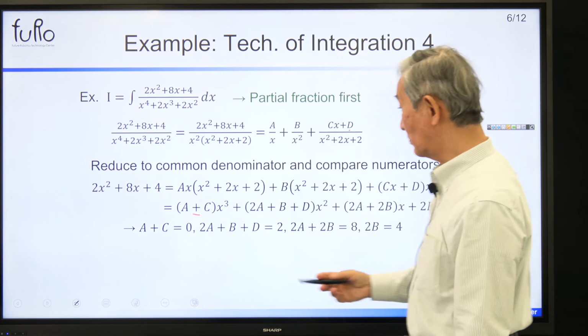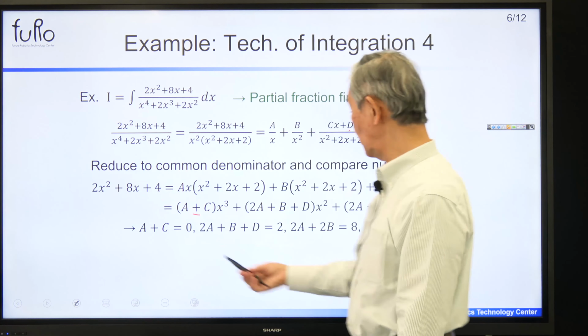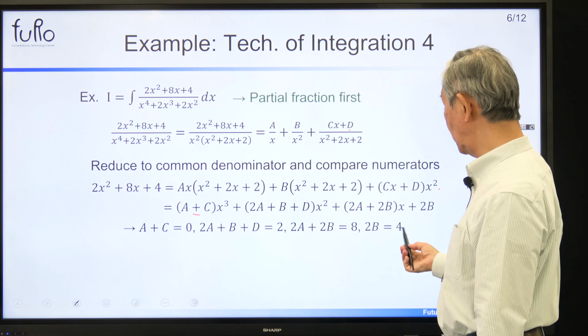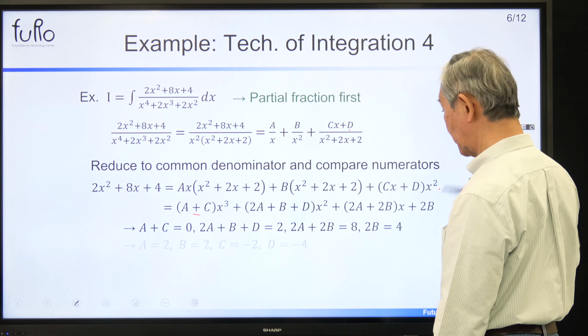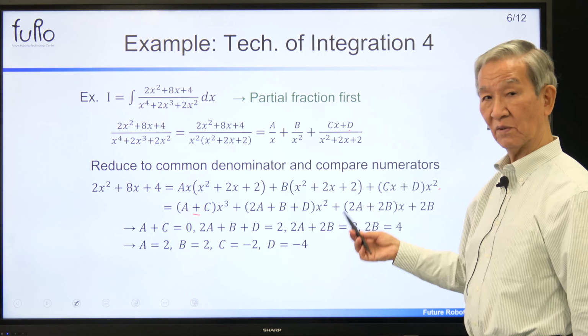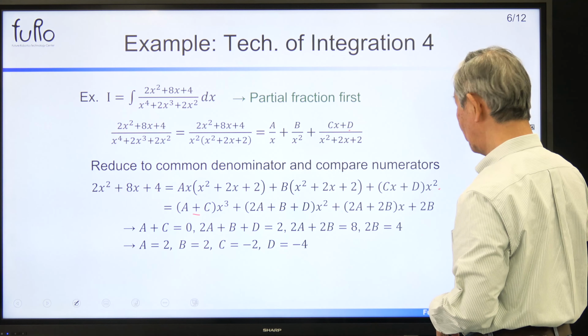So you get A plus C is equal to 0, 2A plus B plus D is equal to 2, 2A plus 2B is equal to 8, and 2B is equal to 4. From that, it's very easy to find out A is equal to 2, B is equal to 2, C is equal to minus 2, D is equal to minus 4, and you substitute back into that.